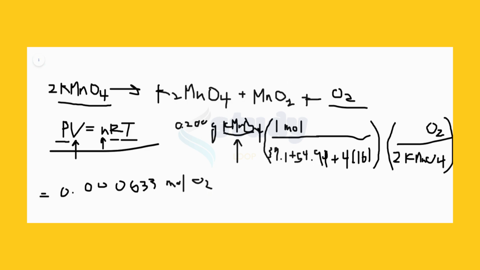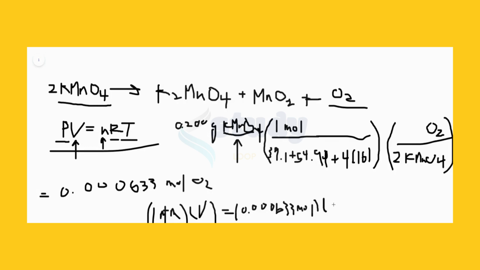The pressure that they give us is 1 atmosphere. So 1 atmosphere times the volume, which we need to find, equals the moles, 0.00063 moles, times the R value.